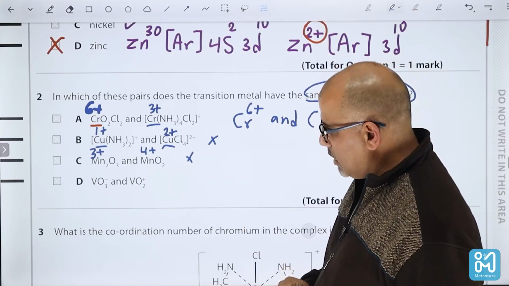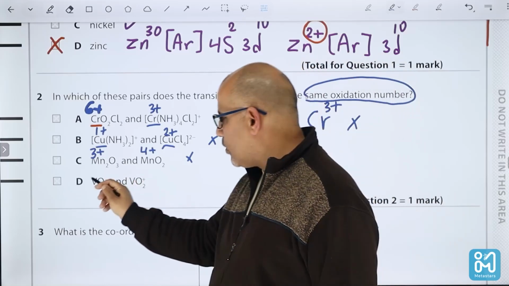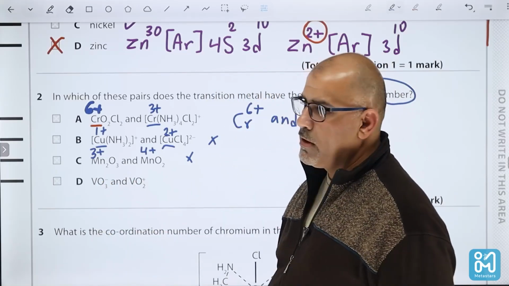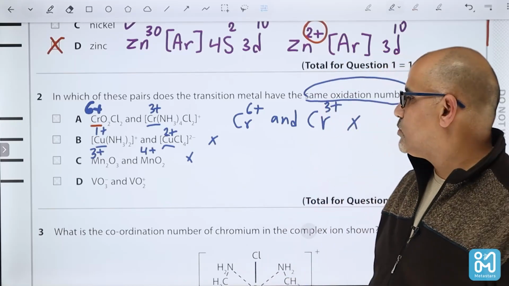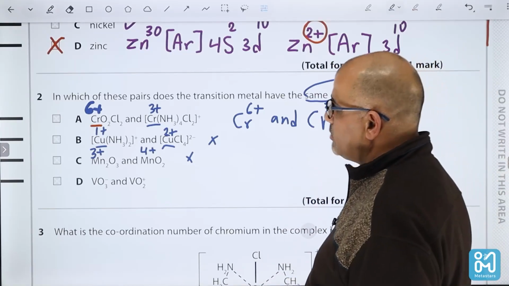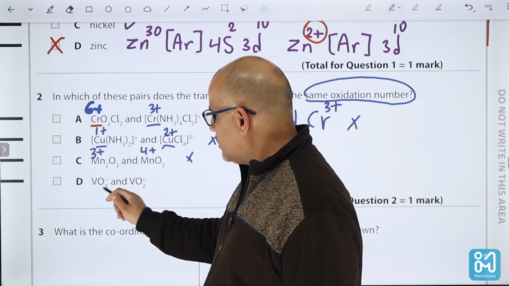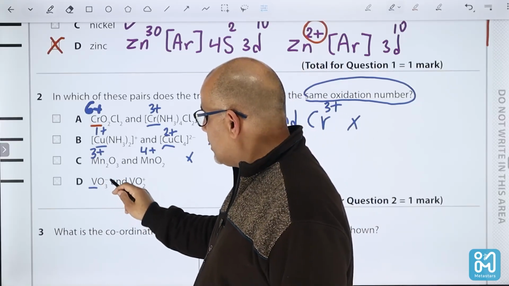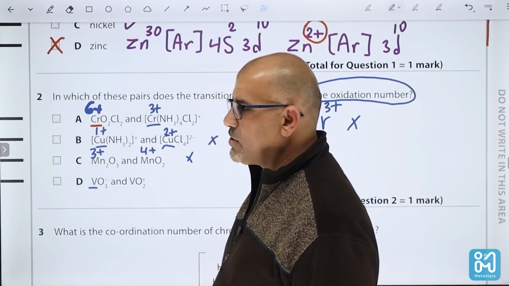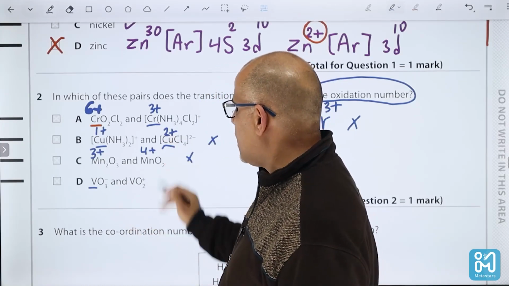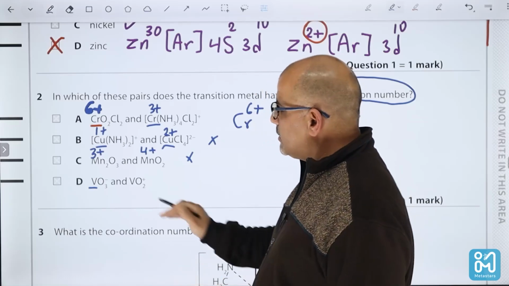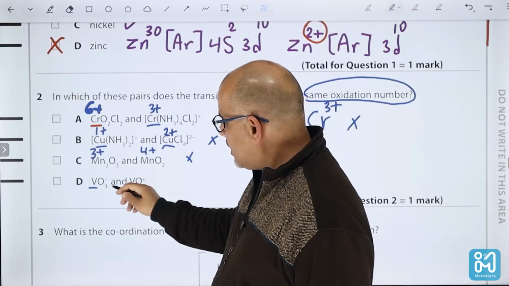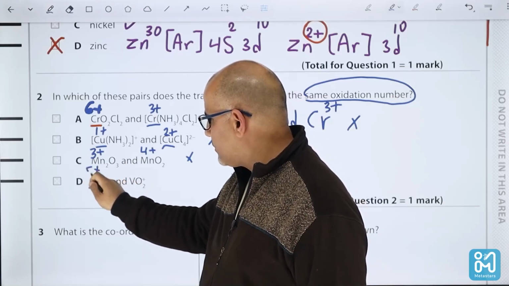In the last one, we are talking about the vanadium polyatomic ions. For the first, 3 times negative 2 for each oxide is negative 6, so vanadium is positive 5 there.